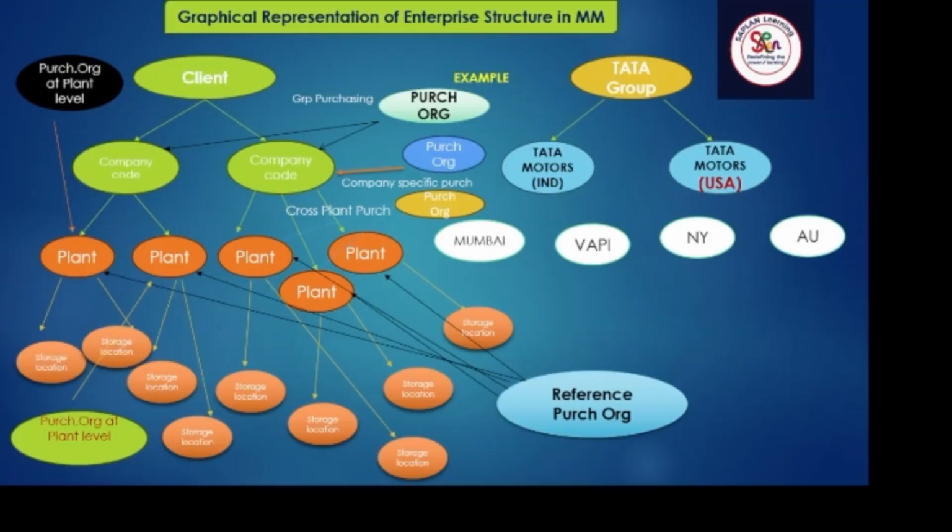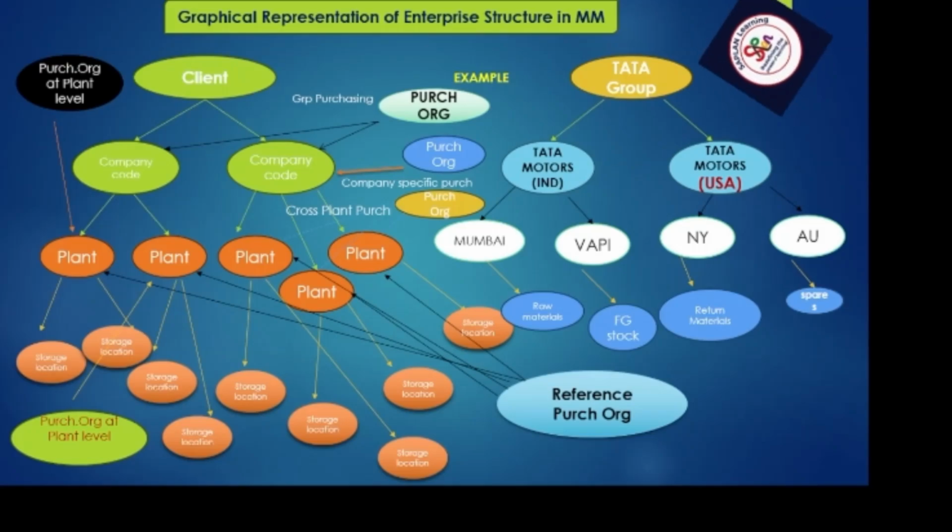One plant is in Mumbai and another in Vapi under the Indian company code, and in the US company code, one plant is in Newark and another in Austin, and those are linked with your company code. Under each plant, we have multiple storage locations: raw material storage location, finished goods stock, returned materials, spare parts. These can be linked directly to your plant. Okay.